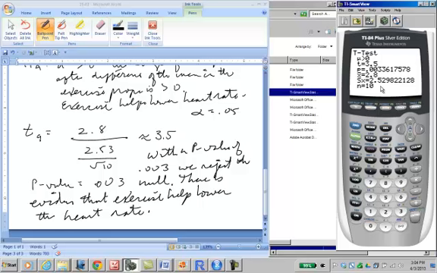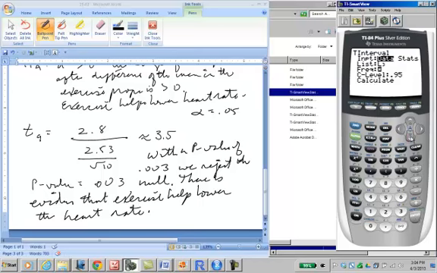Let's do a confidence interval. Setting it up is fairly straightforward. Let's just do it on the calculator real quick. And we're going to do a t interval right there. Because it's one sample, we're going to use the data.